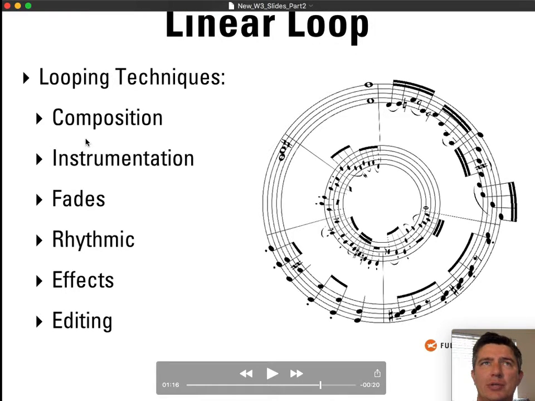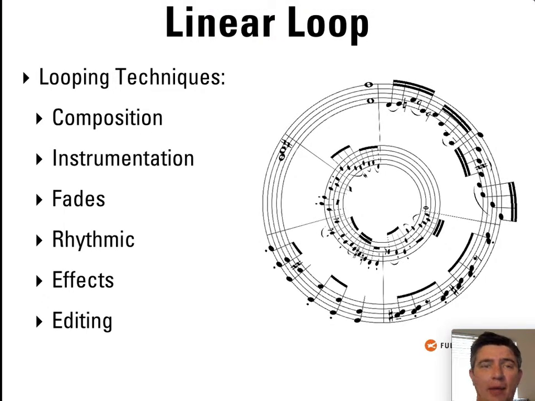Of course, the strongest, best way of creating a loop is thinking ahead of time about composing a loop and doing it in the actual composition phase. If you are writing a piece of music with the intention that it's going to loop, then you can reach the end and make sure it ties nicely back to the front.